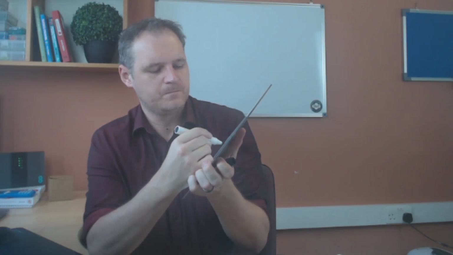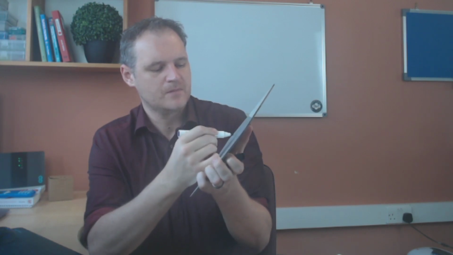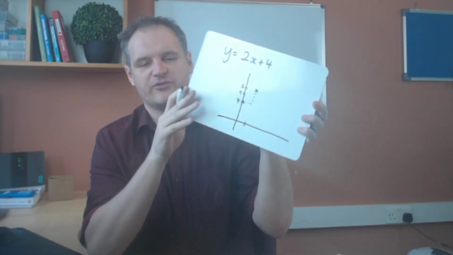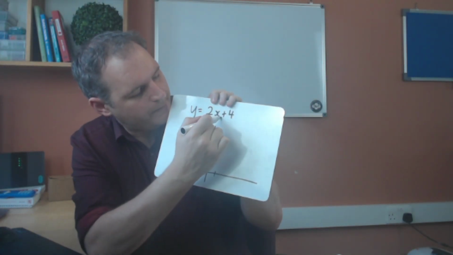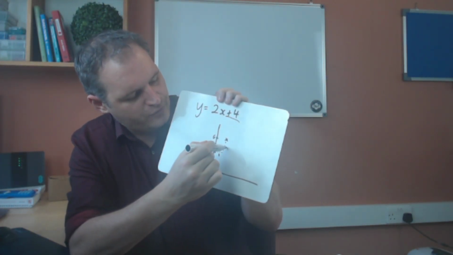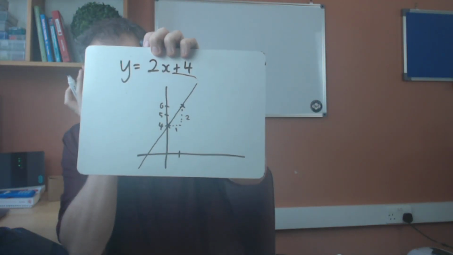I'm going to go to 4, and then go along 1, up 2, to 6. That tells me where the next point's going to go. So I've got the first point as the y-intercept, and I've gone along 1, up 2. So if I get my ruler, obviously I'm using my invisible ruler, I can draw the equation like that.